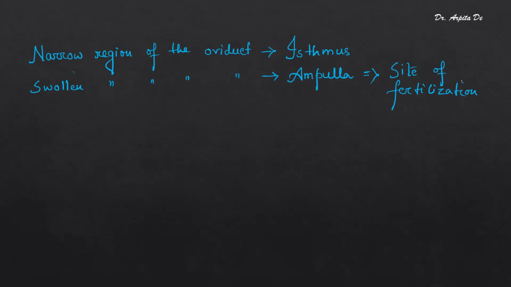Now, through muscle contraction and ciliary motion, the oocyte is sent to the ampullary region. The oocyte must come to the ampullary region. The structure is somewhat like this.